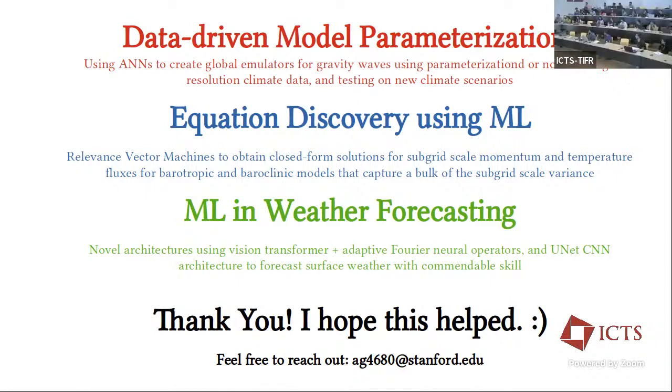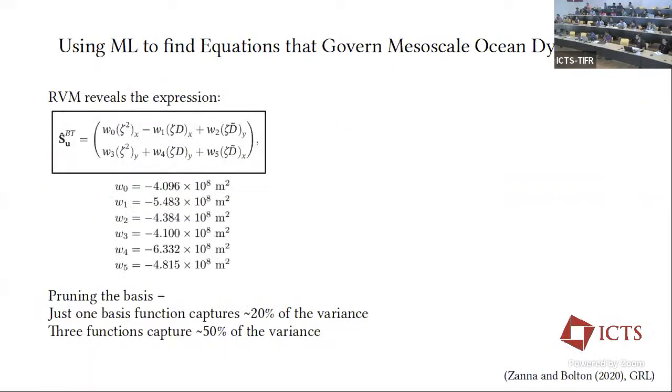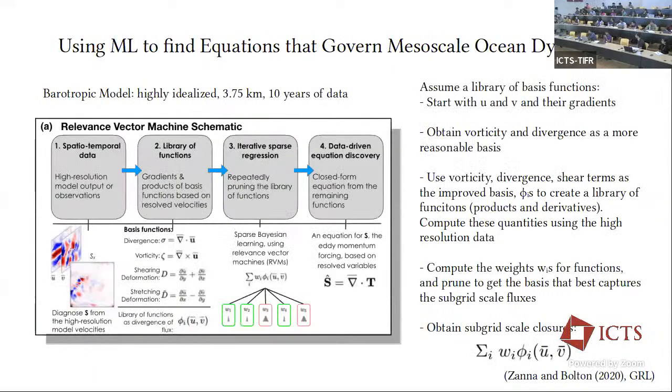I have a question on the second part, equation discovery using ML. If we don't know these basis functions for any other type of data set, so this is a fluid mechanics problem, and these are general quantities in that, so how do we proceed?